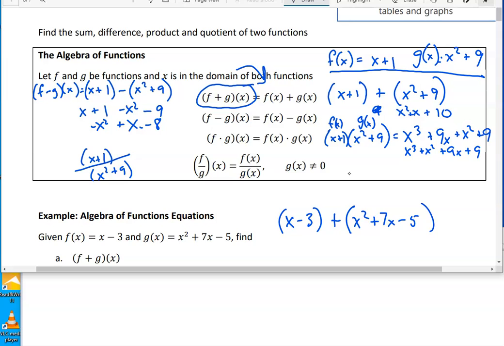And all I need to do is, since I'm just adding them, I have a minus 3 and a minus 5, that becomes a negative 8. I have an x and a 7x, that becomes an 8x. And there's only still one x squared hanging around, so that becomes that.